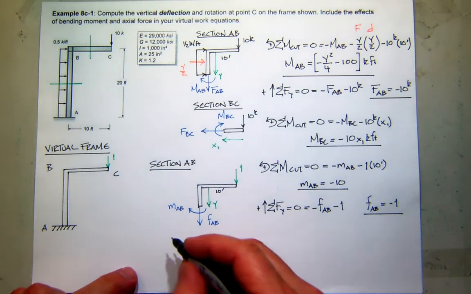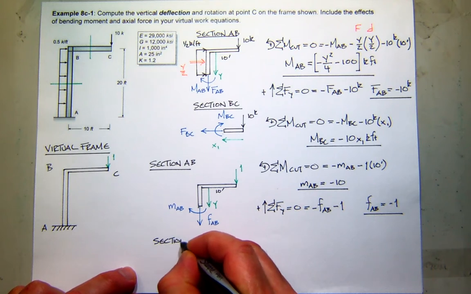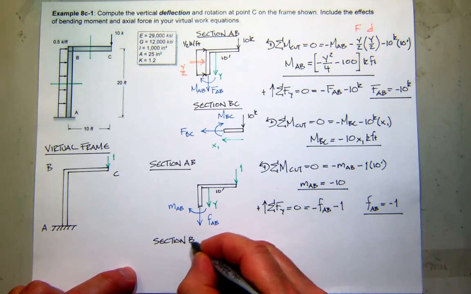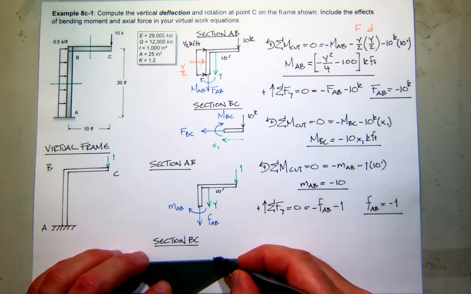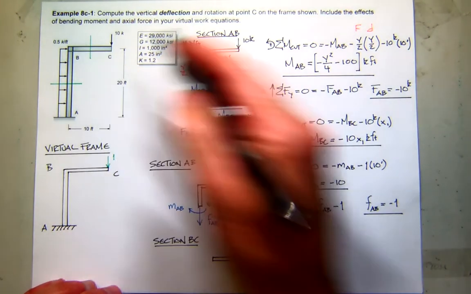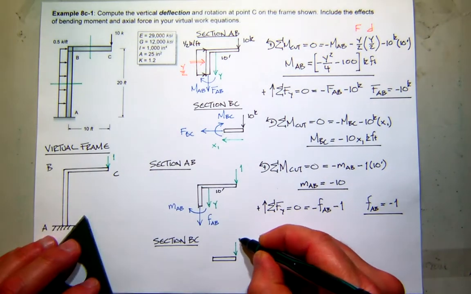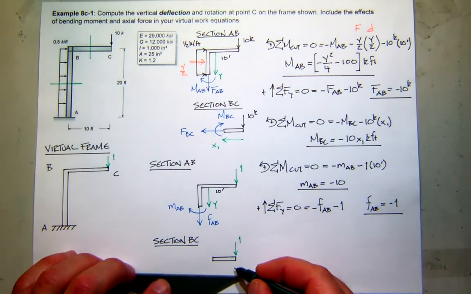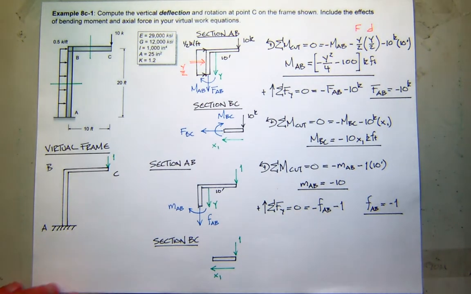Now I have to redo section BC. That was a pretty simple little free body diagram, just a little segment to the right that we cut here. We've got our virtual load at the end, 1. We assumed a distance to the cut of x1.